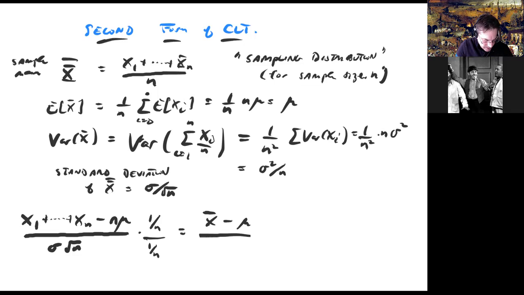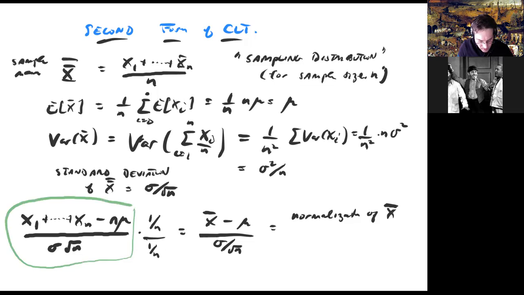And on the bottom, we get sigma times the square root of n over n, which is sigma over the square root of n. So in other words, this is the normalization of x bar we get in this way. And the central limit theorem applies to the thing I'm boxing off, so it is also equal to the second thing I'm boxing off.